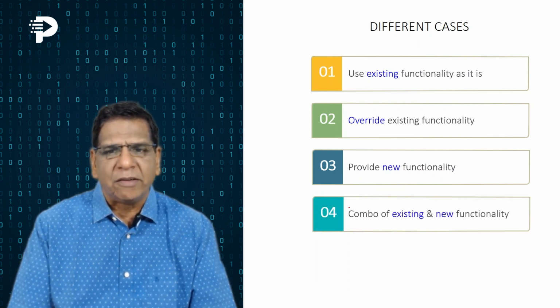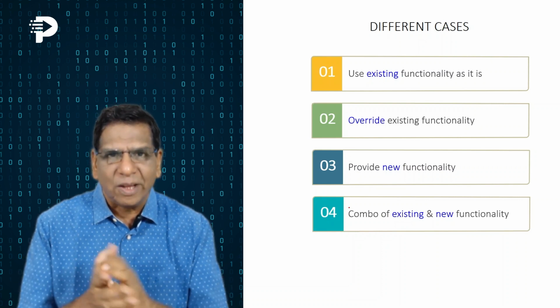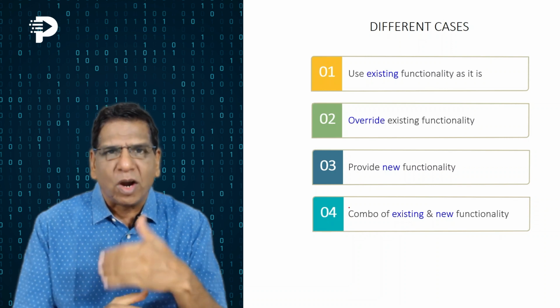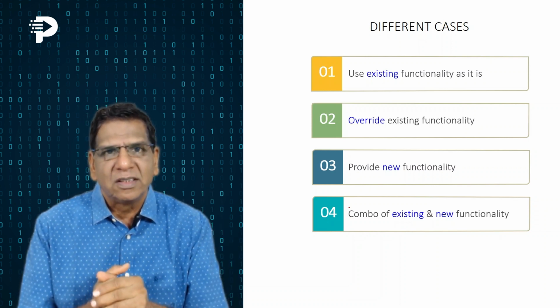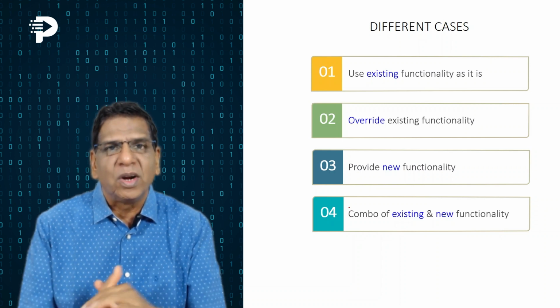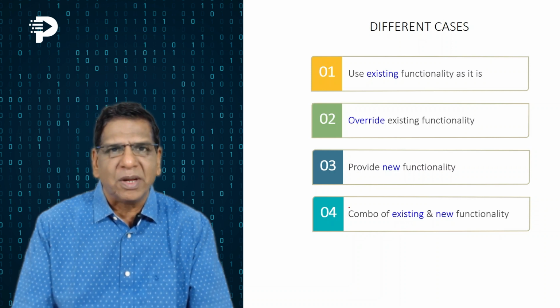And if we so desire, we can also have a combination of existing and new. f4 was that case. We called f4, but f4 internally called f2 of the base class. So that is a combination of old and the new. So these four very important purposes would be served by the inheritance chain.